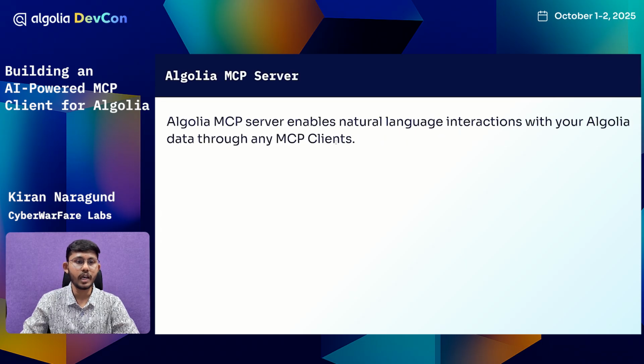So Algolia also has its own MCP server through which we can talk to our Algolia data through natural language queries. And we can connect this MCP server with any of the MCP clients.